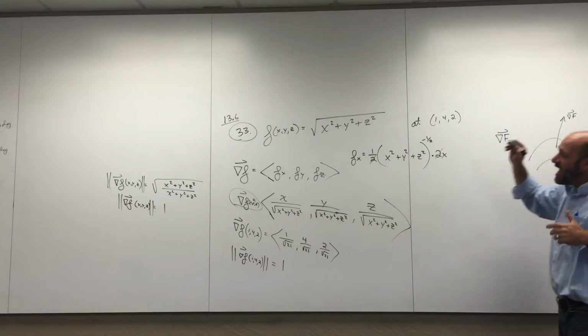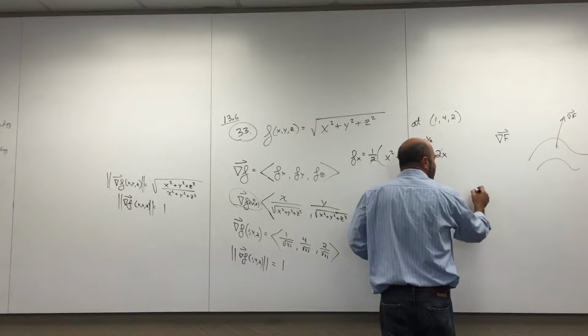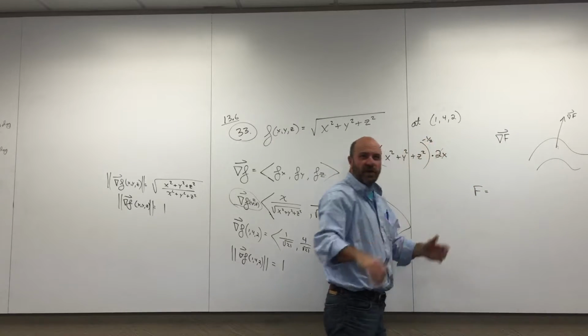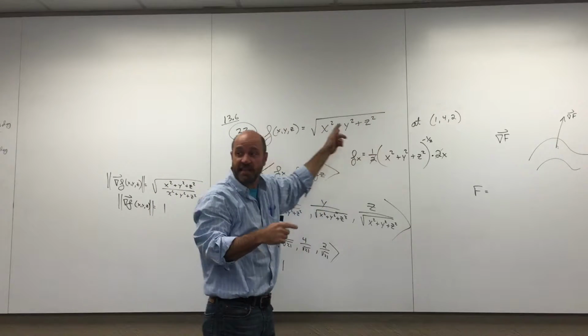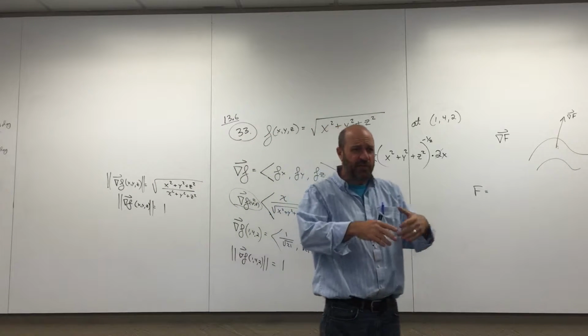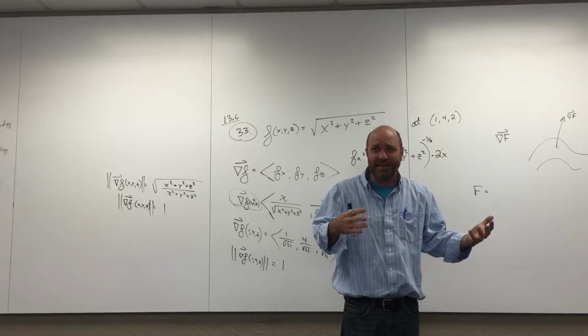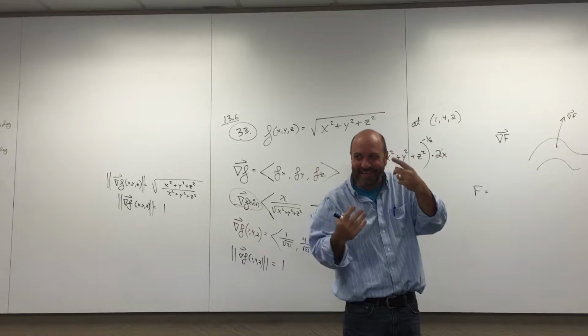But how come that's not this? Let's see. What is big F? Is big F a 4-dimensional function? This is a 4-dimensional function, x, y's, and z's equal w. Is that what big F is? No, big F is just x, y's, and z's equaling 0. So it's still just 3D. It's sort of a trick, though.